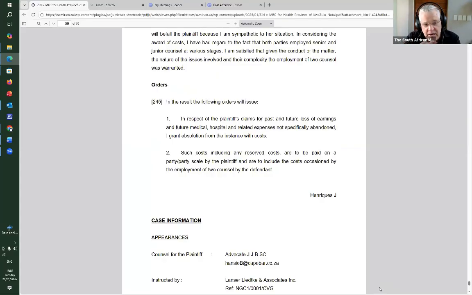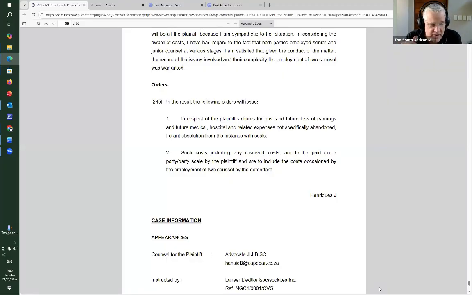At paragraph 245, and as I said, Judge Hendricks writes long and very thorough judgments, she makes the following order, of two orders: in respect of the plaintiff's claims for past and future loss of earnings and future medical, hospital, and related expenses not specifically abandoned. So certain claims were abandoned, but of those that they persisted with, she granted absolution from the instance with costs.